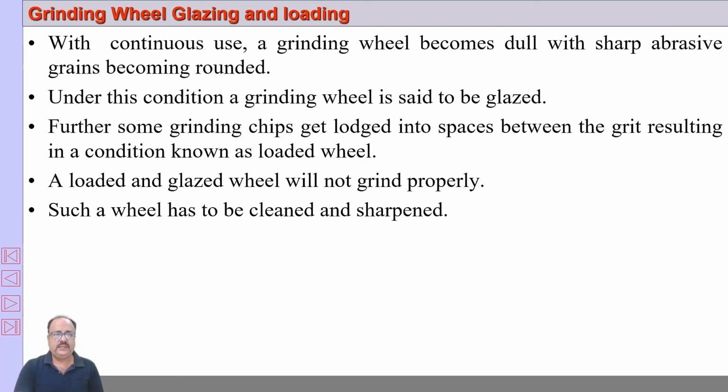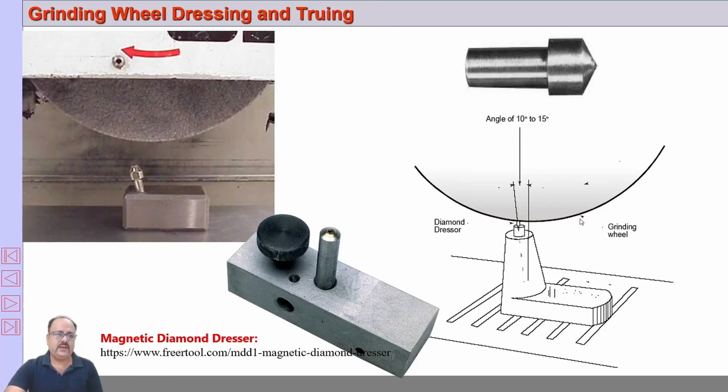You can see the grinding wheel is rotated against a diamond point tool, and sidewise it is moved at an angle, and it removes a layer of material from the wheel to bring out new abrasive grains and to remove the workpiece material that is stuck between the grains.